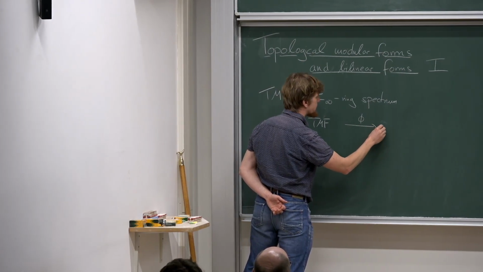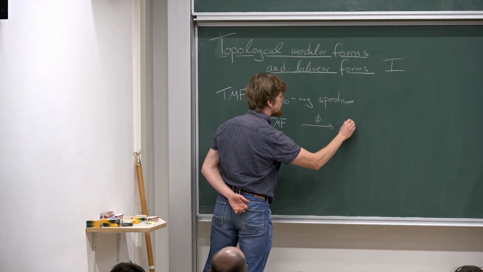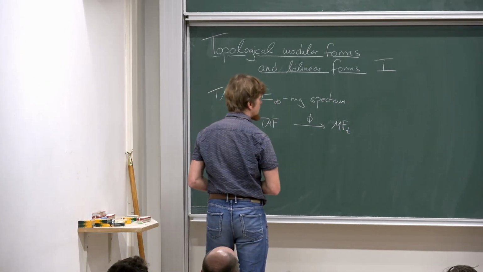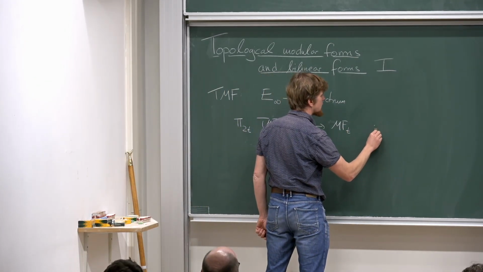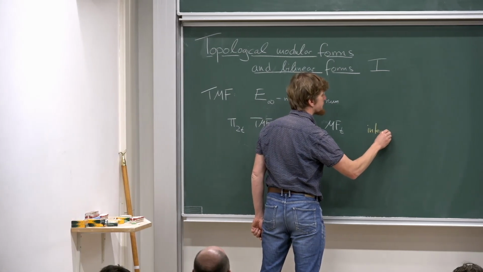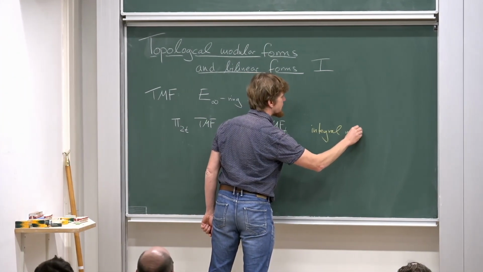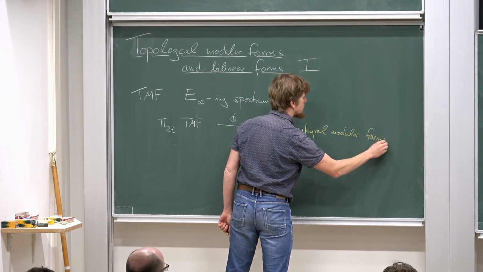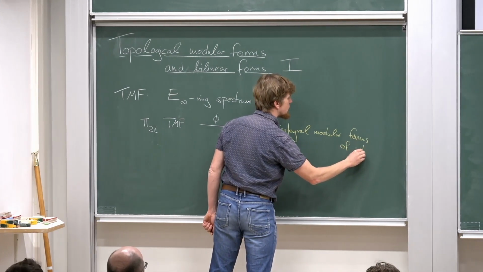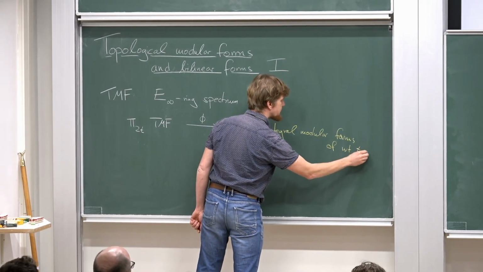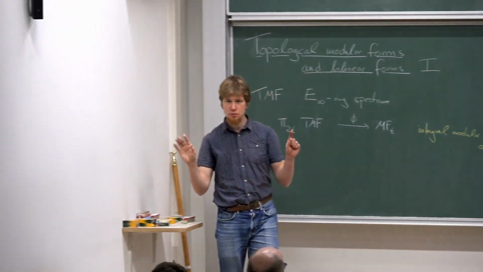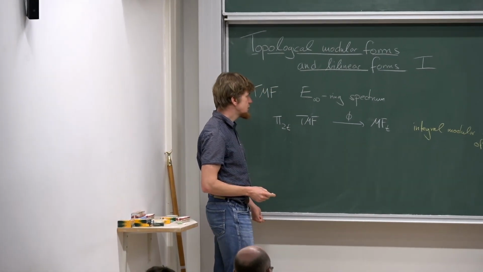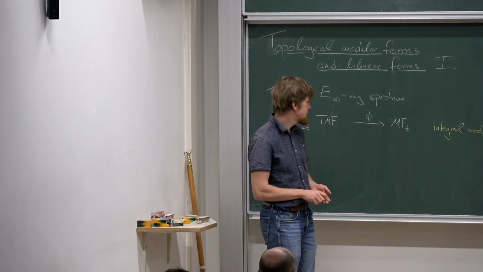It's called phi, to something I call MF_t. These are integral modular forms of weight t. So if you don't know what it is, no problem, I will explain some more about this later. Okay, so this is why it's called topological modular forms, because there's this homomorphism.